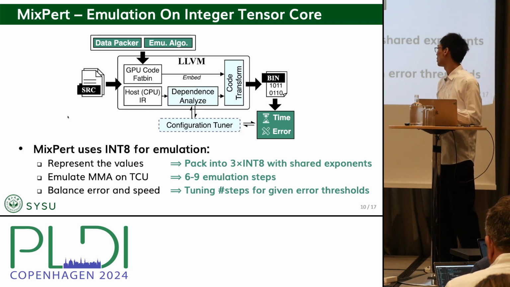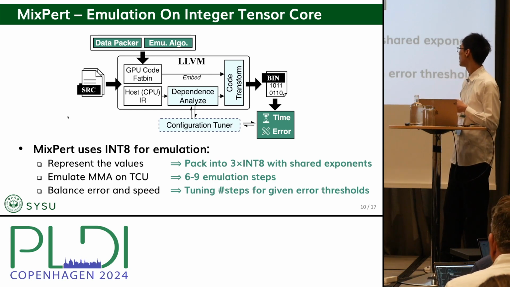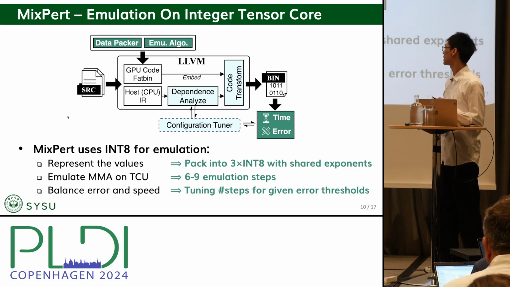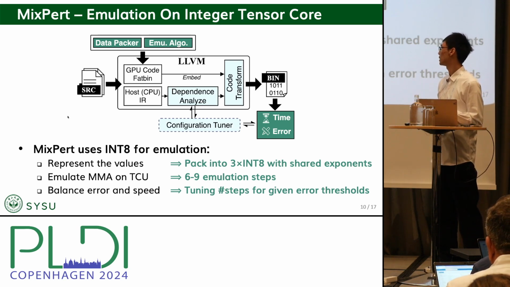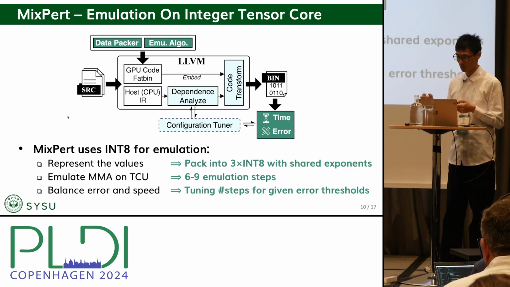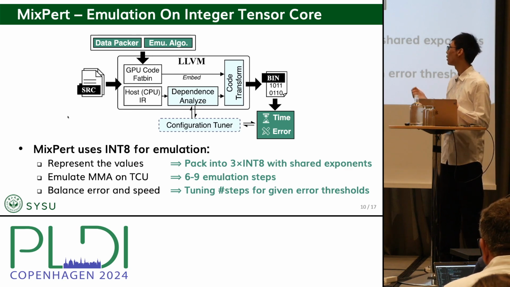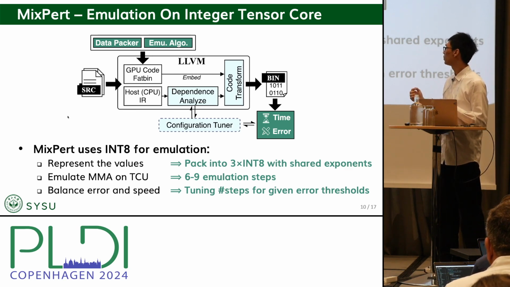So for the representation, we are using 3 integers with shared exponent bits to represent the floating point. I'll introduce it later. And we are using 6 to 9 emulation steps to correct the errors. These steps are tunable parameters.